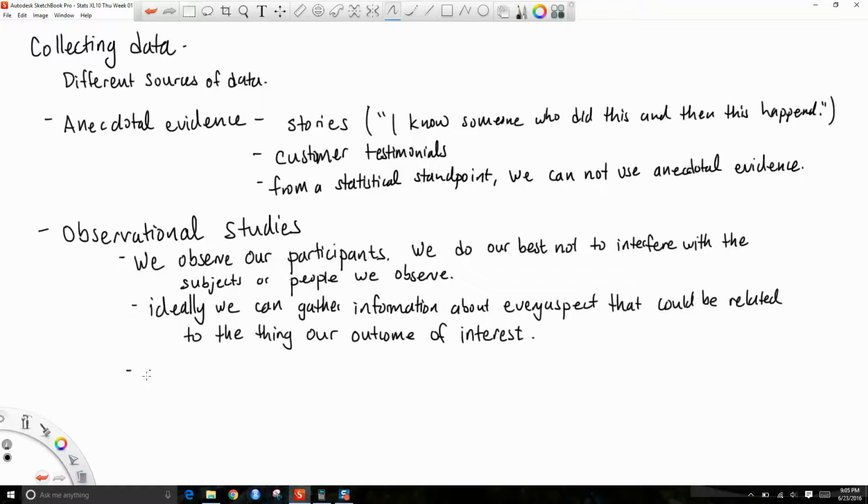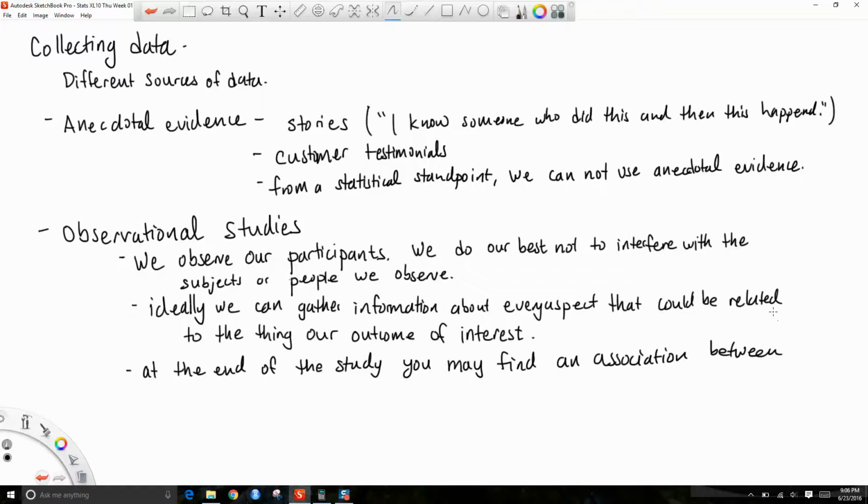But let's say you've gotten a bunch of information. Then at the end of the study, you may find an association between a particular variable and the outcome.